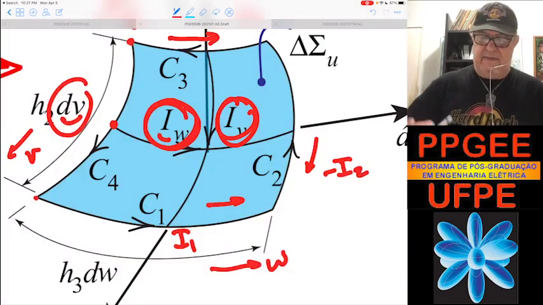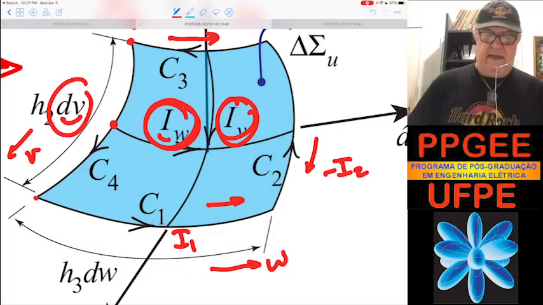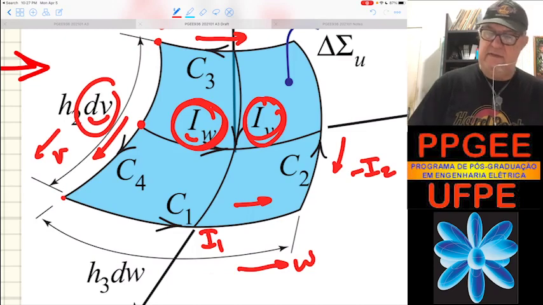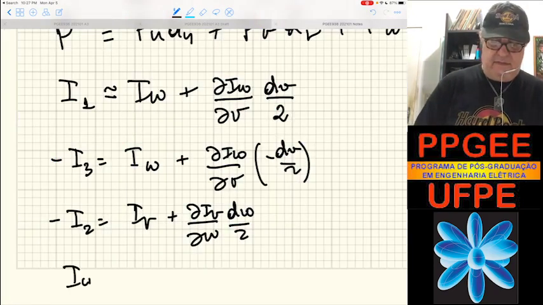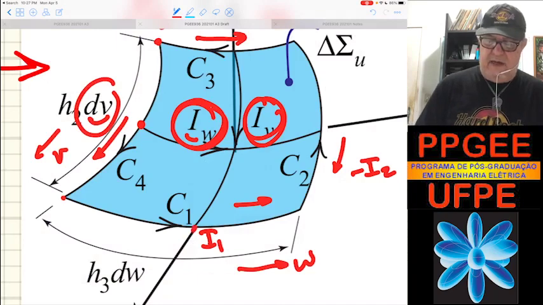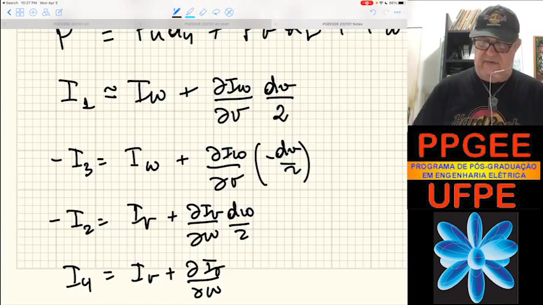And finally, I4, this direction, equals IV plus the derivative of IV with respect to W times the change from here to there, which is a decrease of minus dW over 2.